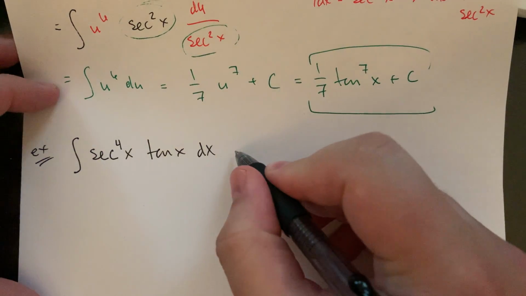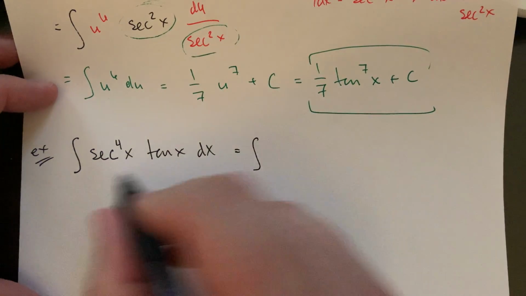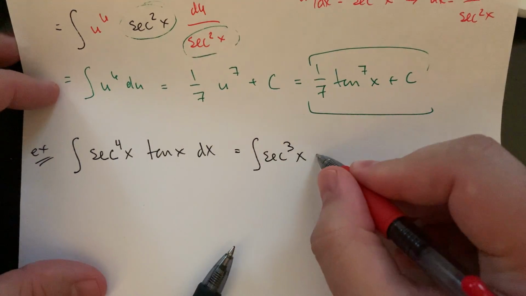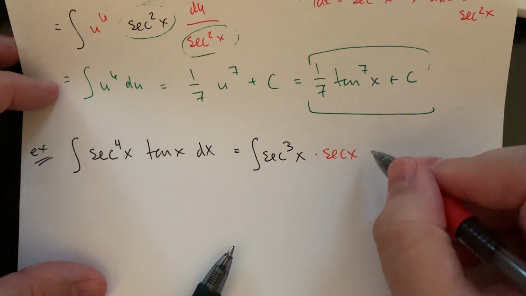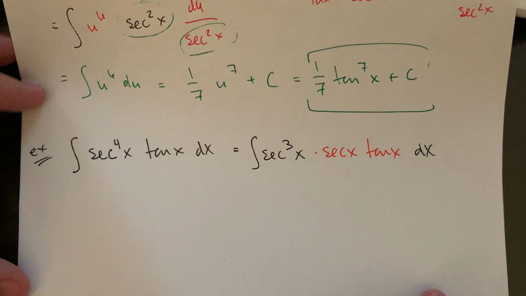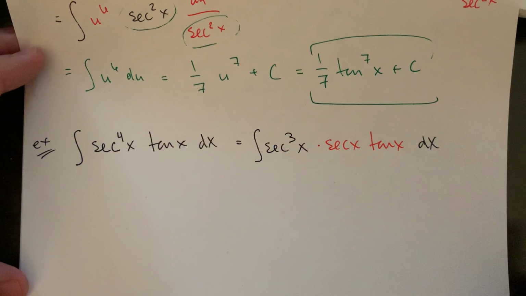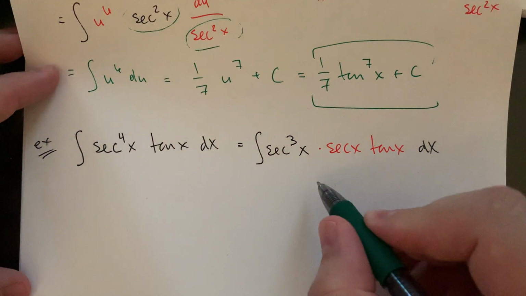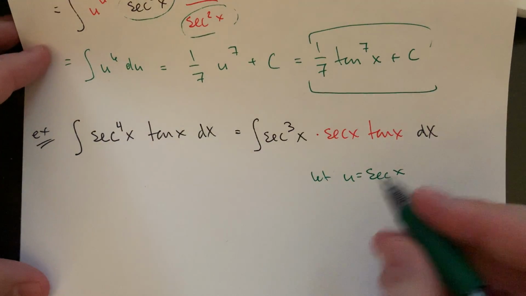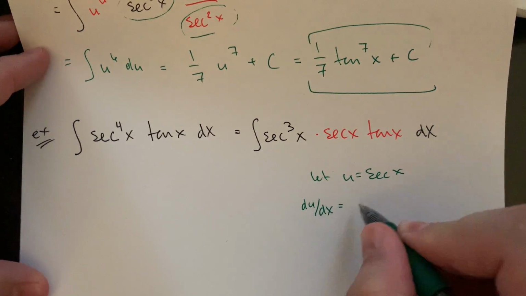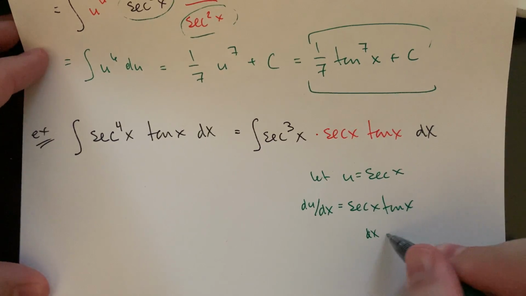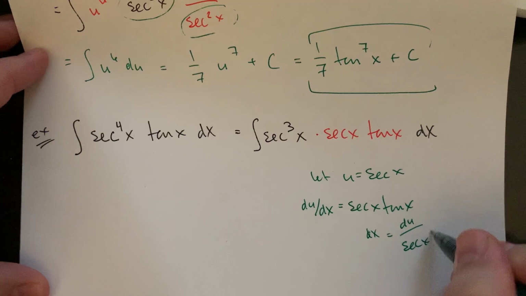The move here is to borrow and resort one of these secants over with the tangent: secant x tangent x dx. I'm just trying to recognize that form and group those two together. Then let u equal just a single secant of x, because then your derivative would be secant x times tangent x, which means dx would be du divided by that whole thing.